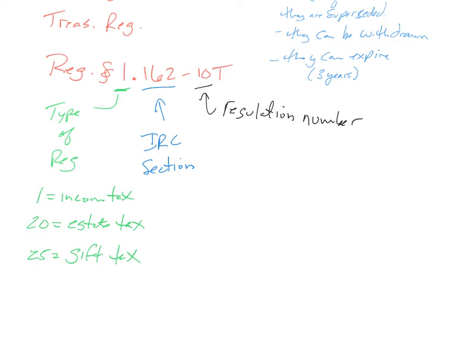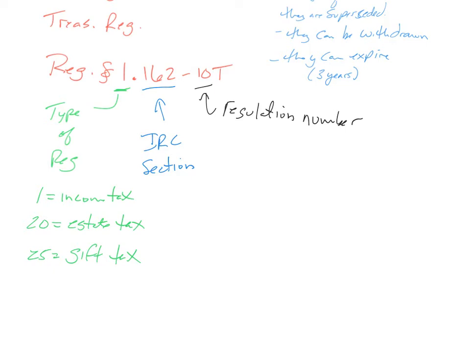As you can imagine, what qualifies as a business deduction is a big ticket item, so there's a lot of explaining to do with that. Okay, so that's just the regulation number. Doesn't have anything to do with what the code section number is.